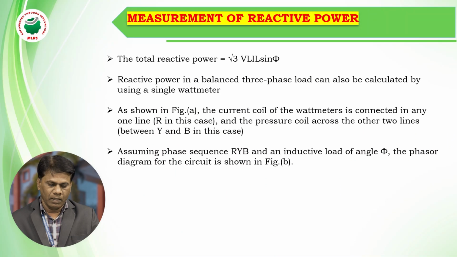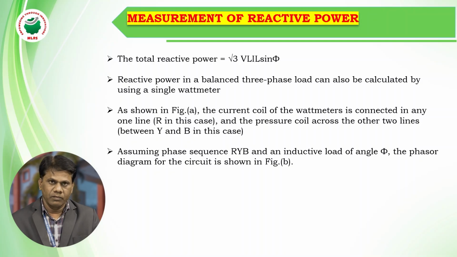Next we will see how we measure the reactive power for balanced and unbalanced loads. For the measurement of reactive power, a single wattmeter is used in a three-phase balanced load, either star or delta connected.